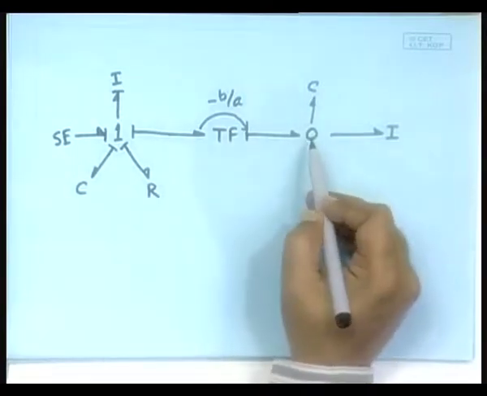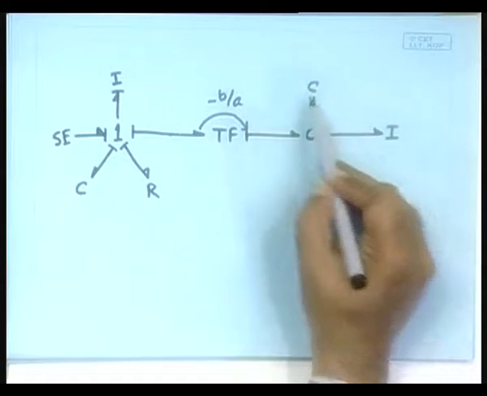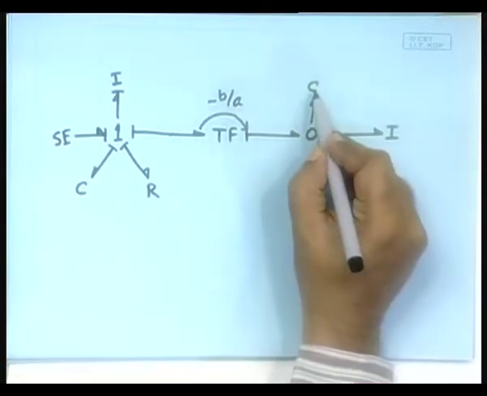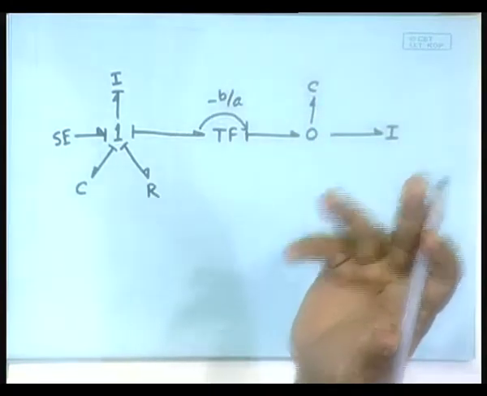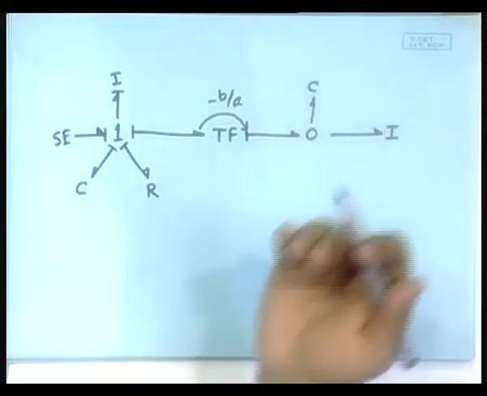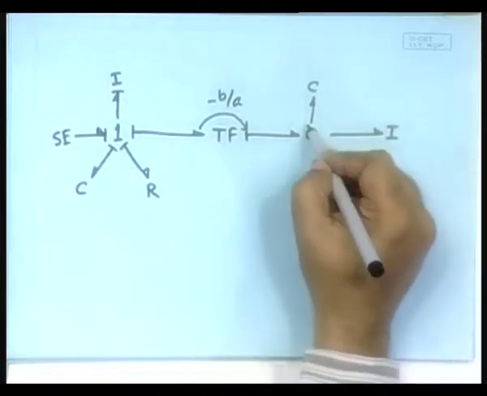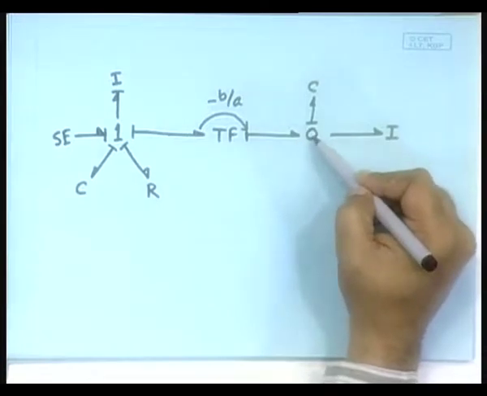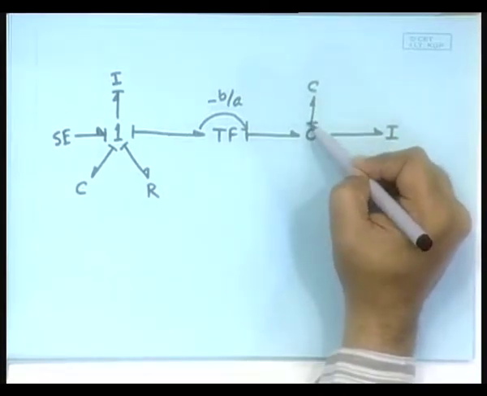We have come here and there are two things connected to it. It is a 0 junction. Let us first causal the C. The C element's natural causality is that it receives the flow information and gives out the effort information like this. The 0 junction has already received the effort information.